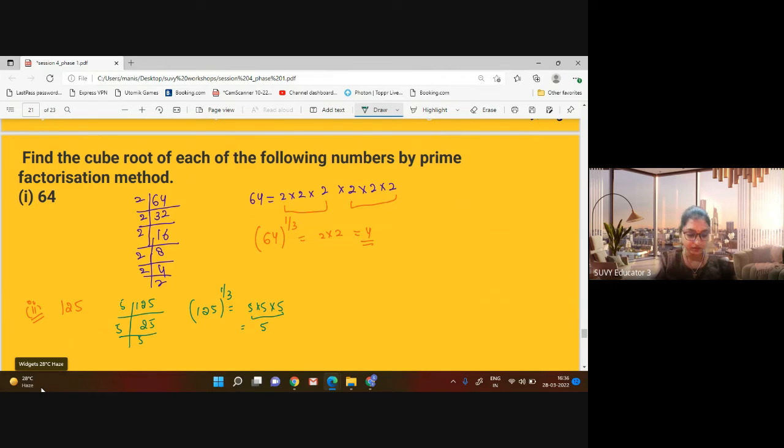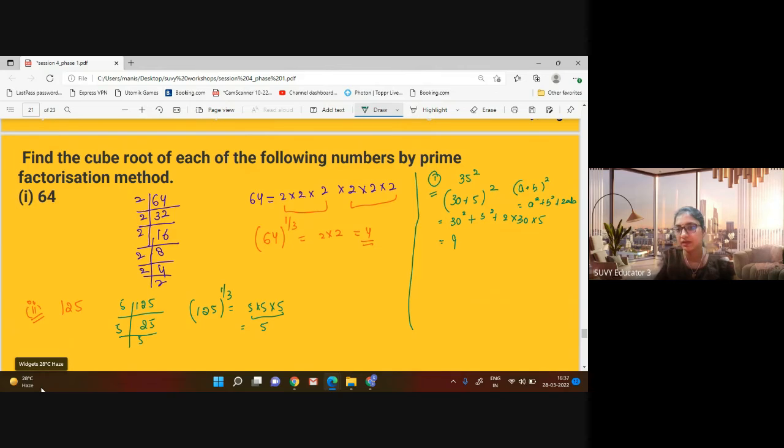One more method is there. Suppose you have to calculate 35 squared. What we will do is rewrite it as 30 plus 5 whole squared. That means 30 squared plus 5 squared plus 2 into 30 into 5, because (a plus b) whole squared is a squared plus b squared plus 2ab.